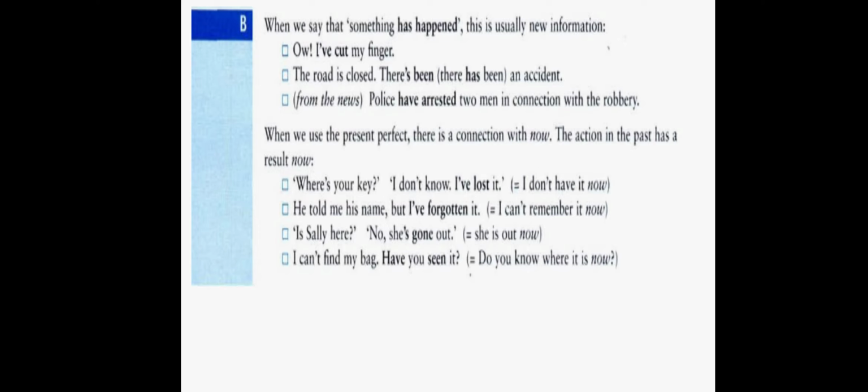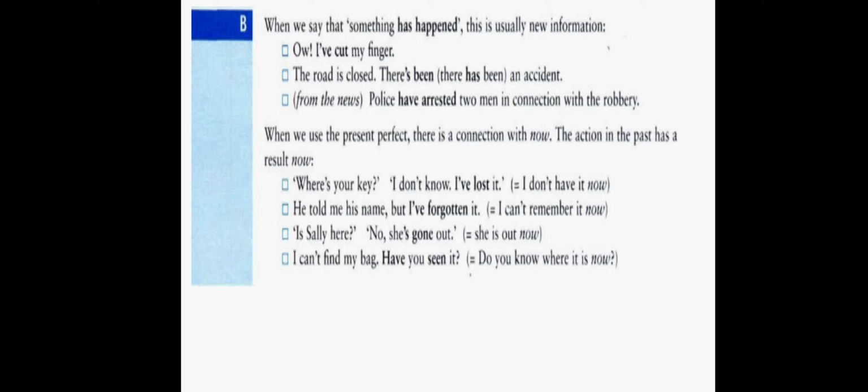B. When we say that something has happened, this is usually new information. Here is another situation for using the present perfect: to express new situations, when something has changed. Something happened newly, then we use the present perfect.